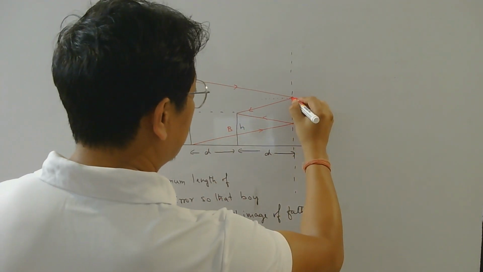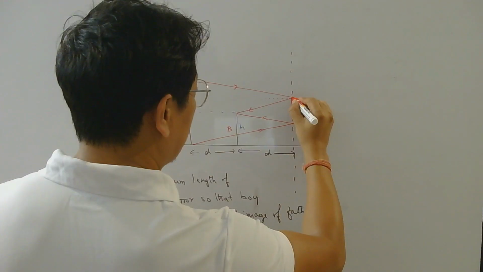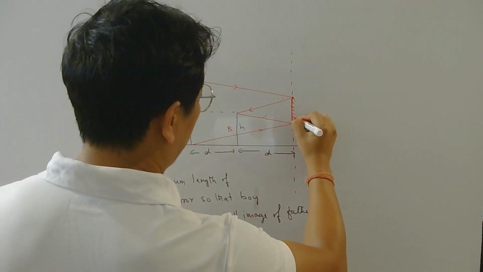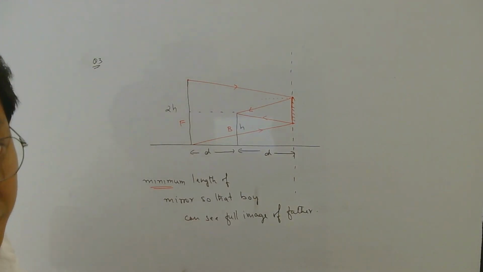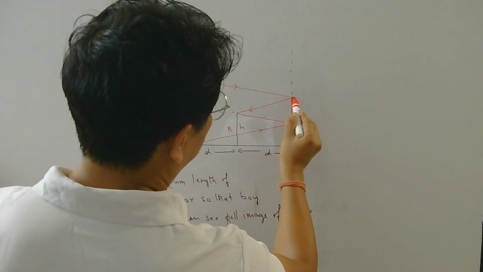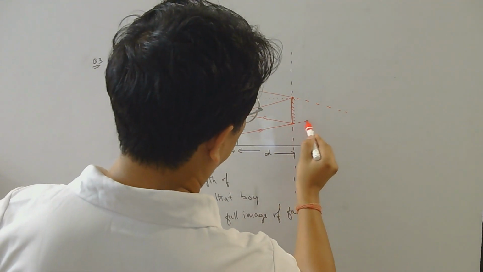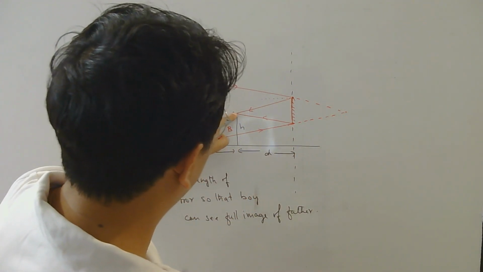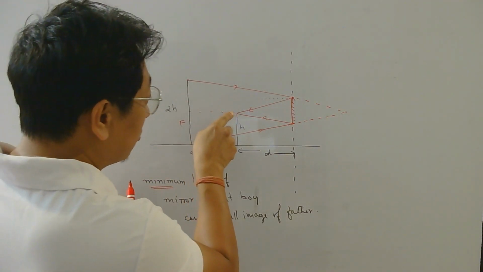So therefore this is the minimum size of the mirror, or the length of the mirror, that is required. Now how to find that? Well, if I extend these rays, okay, this would be like the image of this point. Why? Imagine light was going this way.